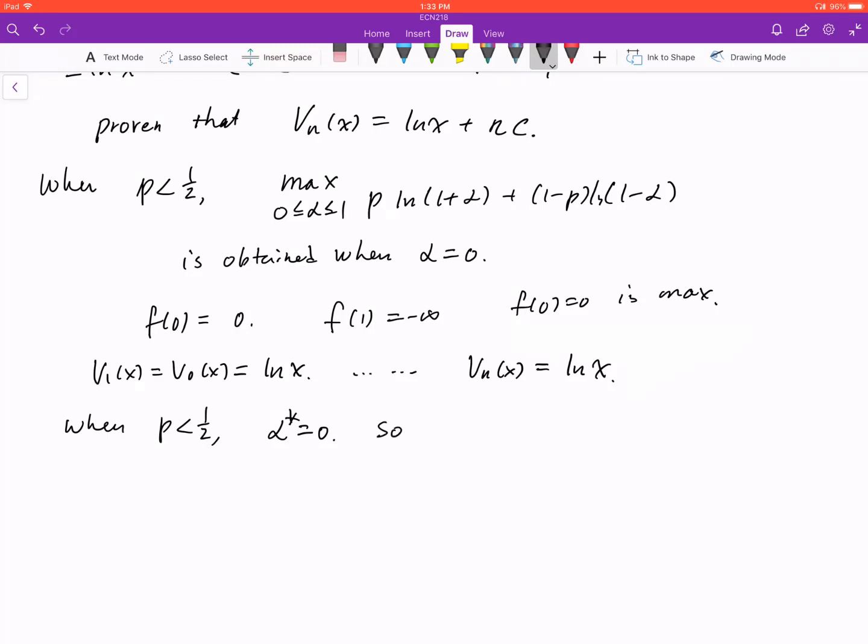The initial amount x remains the same for all n periods. So eventually we still get x, and the utility is just log x.